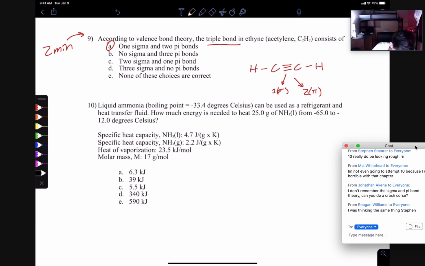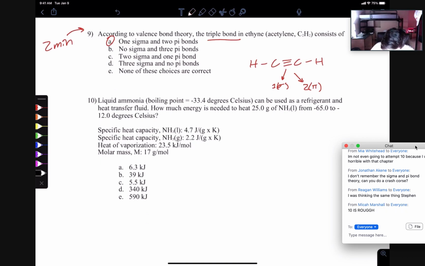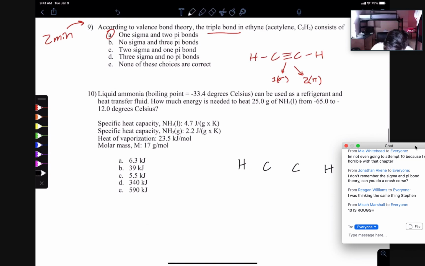Okay, I'm going to try and do this so that it's legible. Let's just do the same molecule. I'm not going to draw the bond lines. I'm just going to draw these. We know that each of these carbons here is going to be sp hybridized, so they're going to form sp hybridized orbitals like so.